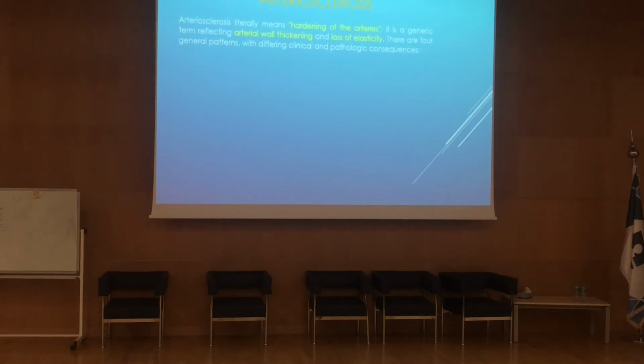So what happens? The generic term reflects arterial wall thickening and loss of elasticity. As the blood vessel becomes hard, the elasticity of the blood vessel will be lost, which is really important, right? During the aging process, the arteries usually become less elastic.